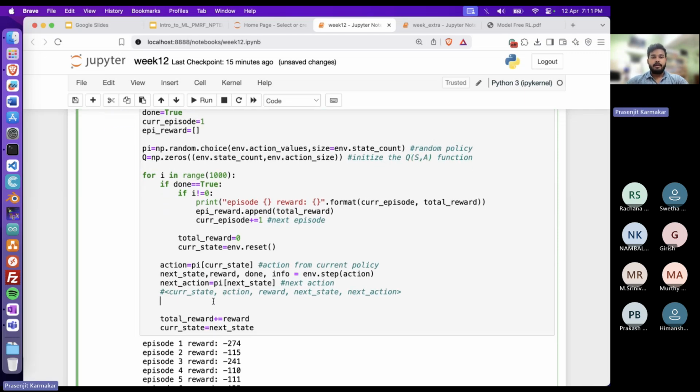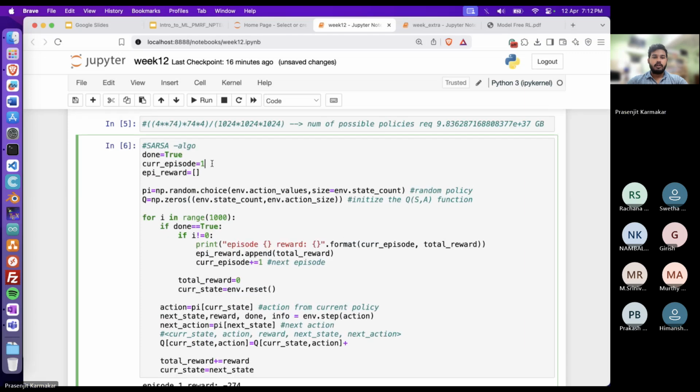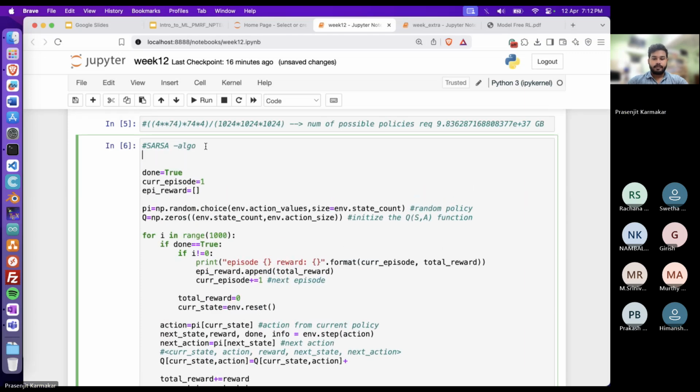Now here I can do an update like this. I am currently doing the current state update. I have not converted the current state and the next state for the next loop. So Q of current state, current action, plus the learning rate alpha. I have to define the alpha too. Alpha is, let's say, 0.0001.